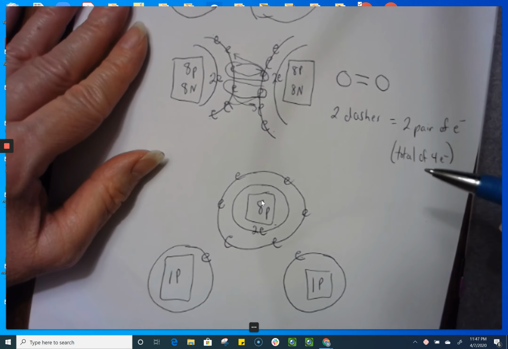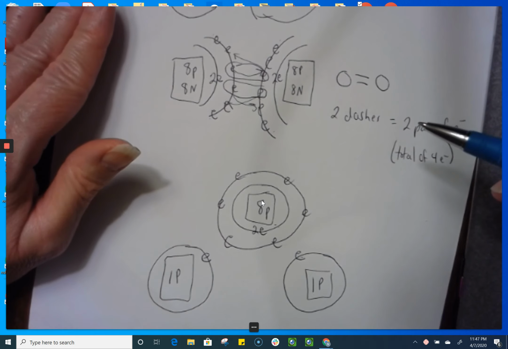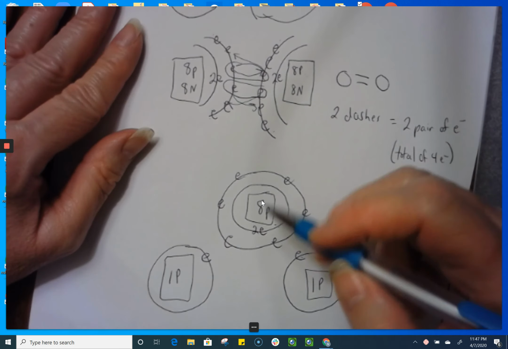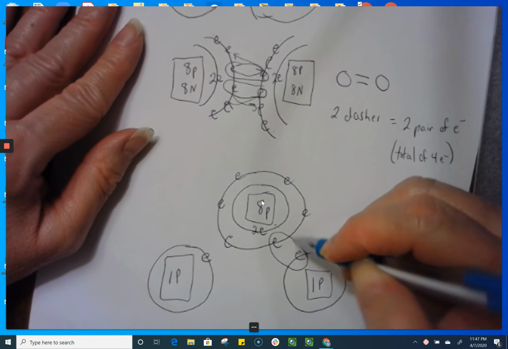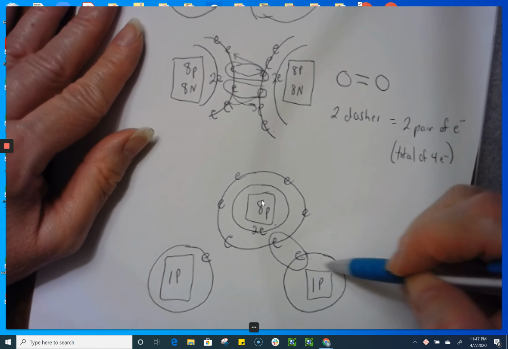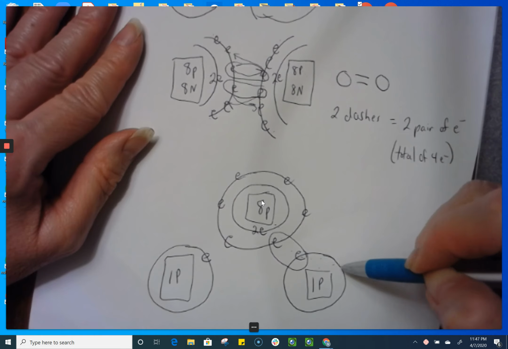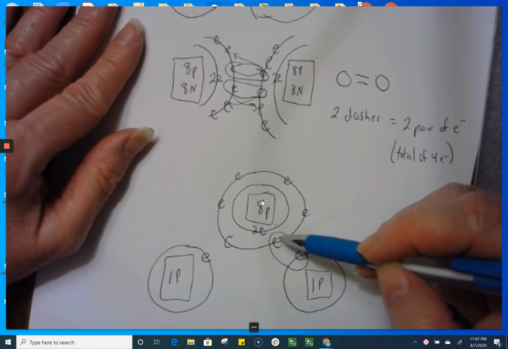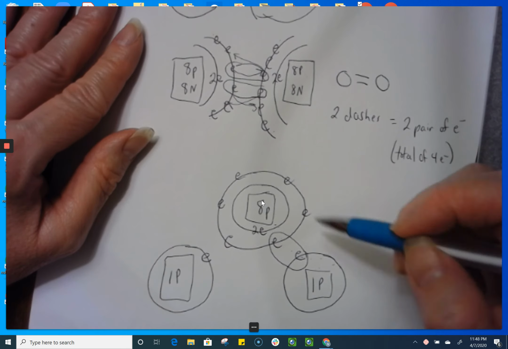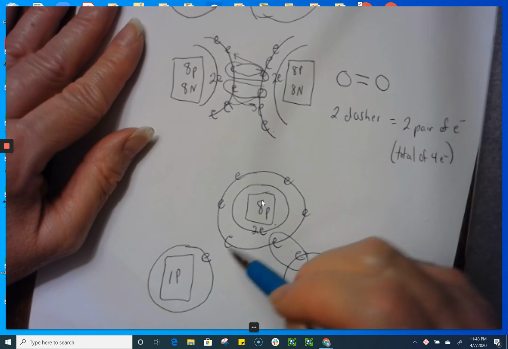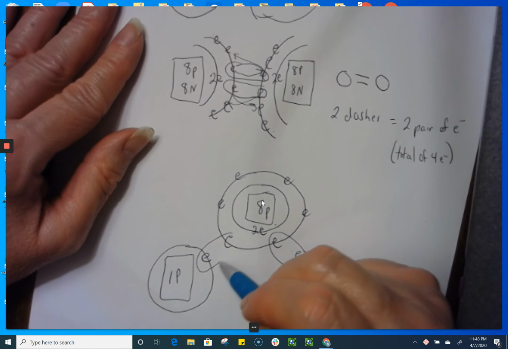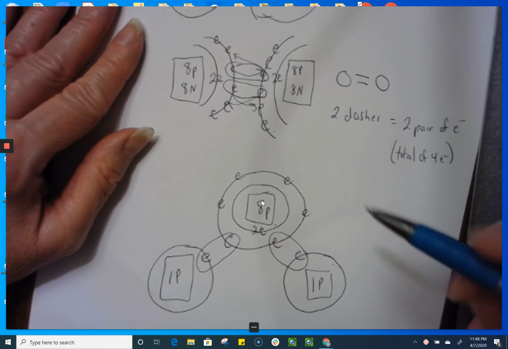So if this hydrogen shares its electron with oxygen, that gives this hydrogen access to 2 electrons in its outer energy level, and it's stable. This gives oxygen access to 7, and it's not stable, but it can form another bond with this hydrogen.